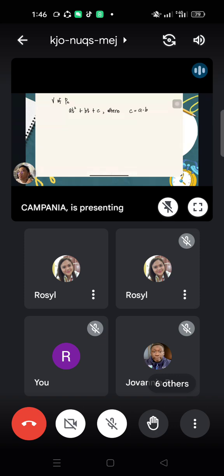That means we can write this as a t squared plus bt plus a minus b, which can then be rewritten.